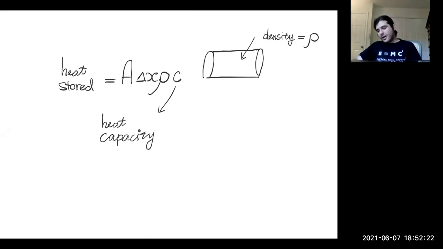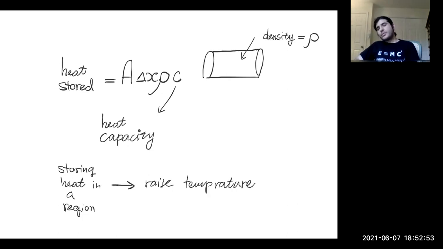Okay, and the final thing is that if we store heat at some point, the temperature would rise, right? So there is one more thing. Storing heat in a region would raise temperature.